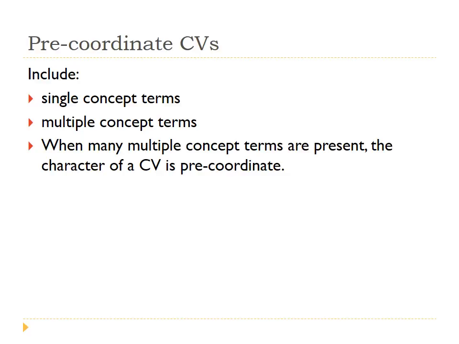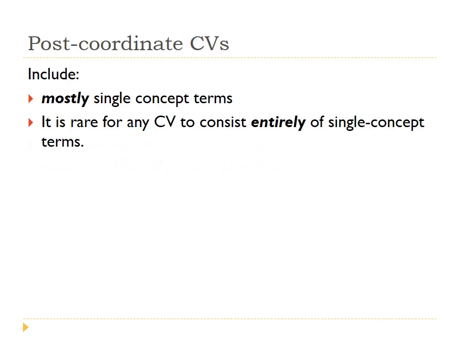But you want to look at the proportion of terms if you're trying to determine what kind of vocabulary a CV is. If there's an abundance of these kinds of coordinate terms that have multiple concepts in them, then the character of that CV, we can call it a pre-coordinate CV. In a post-coordinate CV, it's the opposite.